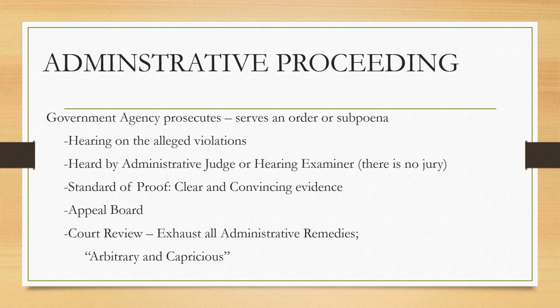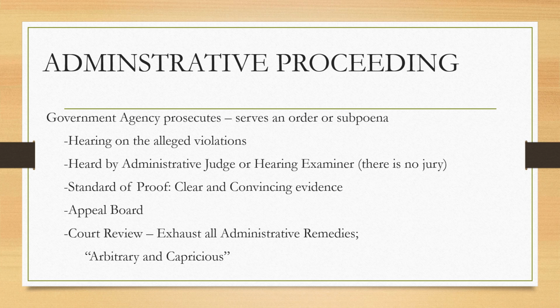If the respondent is not successful, they can appeal. There is an appeal process built into the administrative proceeding, and that process is an appeal board of the agency. So the person doesn't get to go to court yet. They have their hearing before an administrative law judge. If they lose, they can take their appeal to the appeal board within the agency.